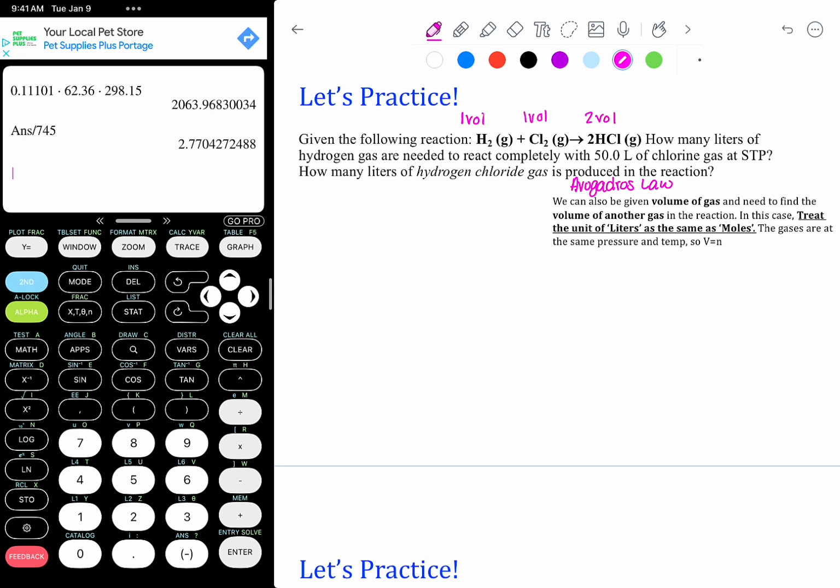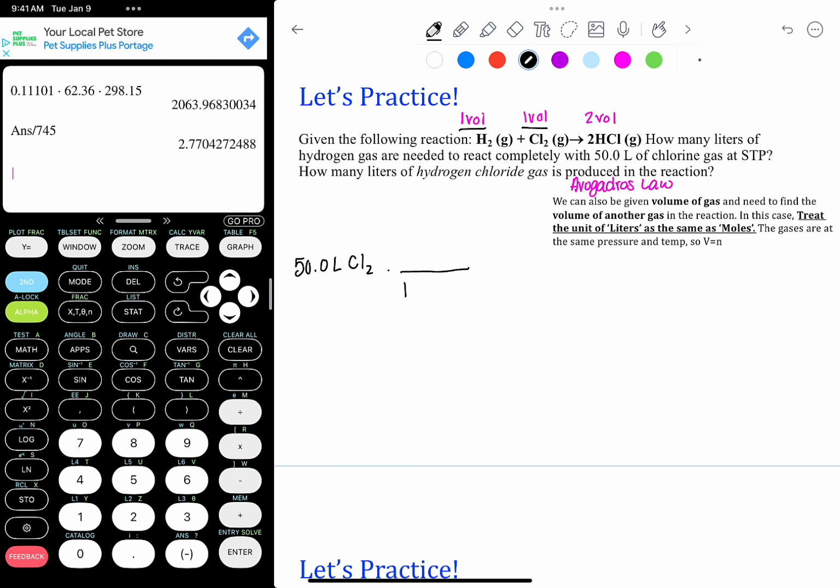So let's try that. So let's see, how many liters of hydrogen gas are needed to react completely with 50 liters of chlorine gas? So we have 50 liters of Cl2, and from our balanced equation, 1 volume of Cl2 is equal to 1 volume of H2.